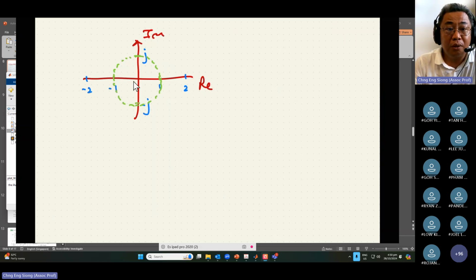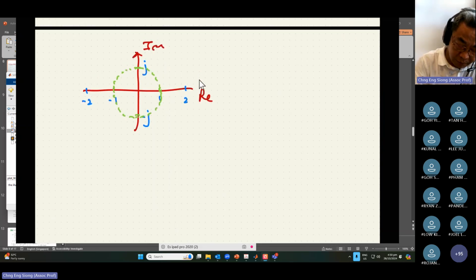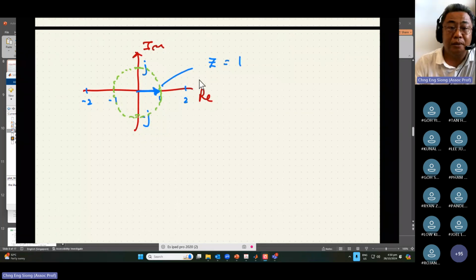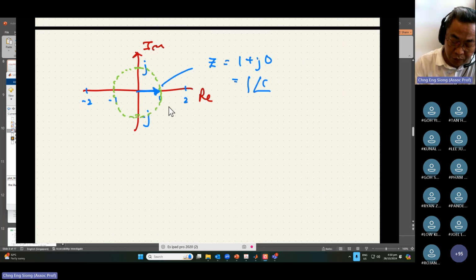Now, if I want to draw a phasor, and I'm going to draw a phasor using blue, let's call this Z. You can write it as 1 because this is only 1, or you can write it as plus j0. You can also write it as polar form 1, angle 0, or you can write it as 1 e^(j0).